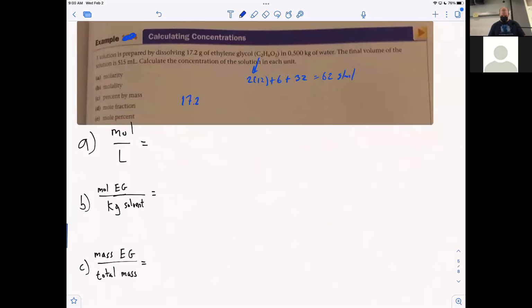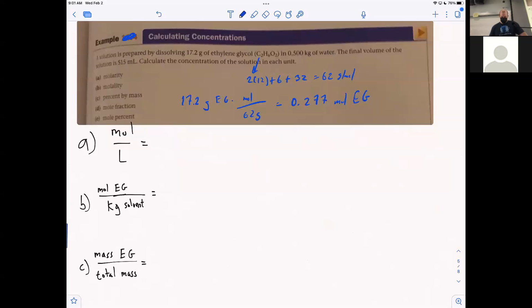So 17.2 grams ethylene glycol times 1 mole over 62 grams. That is, let's cheat, 0.277 moles ethylene glycol.